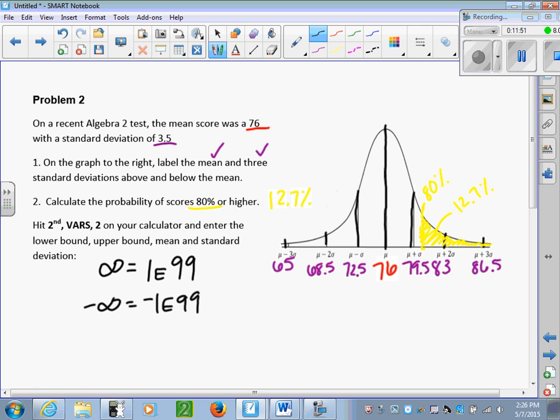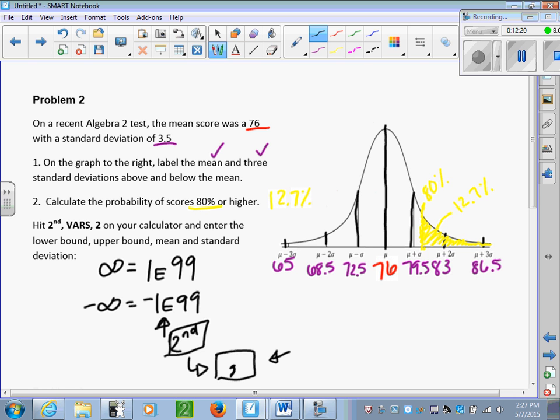To get that E in your calculator, you hit the second button, and then the button right above the 7, which looks like a little comma.